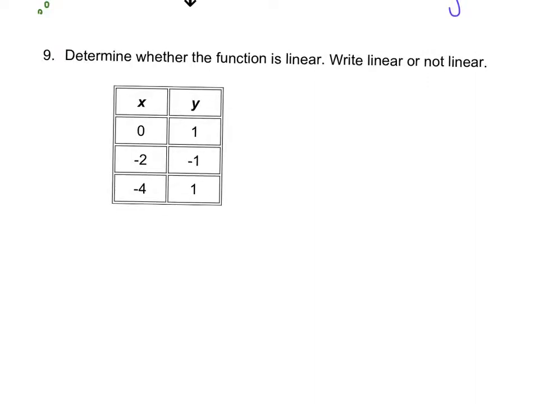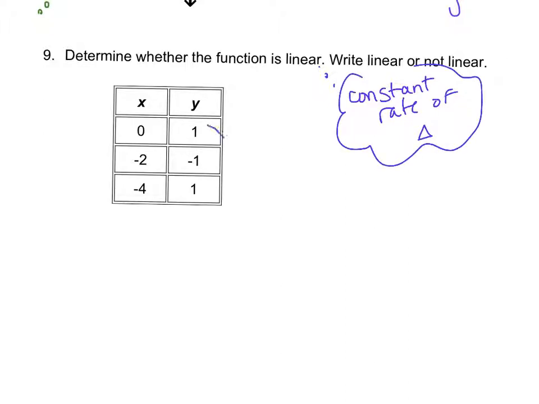Number 9, determine whether the function is linear or not linear. Well, in order to figure out if something is linear, there must be a constant rate of change, which is change of y over change of x. Change of y. From 1 to negative 1, I went down 2, because if you think about it, 1 goes down to 0, that's 1, and then to negative 1, that's another.